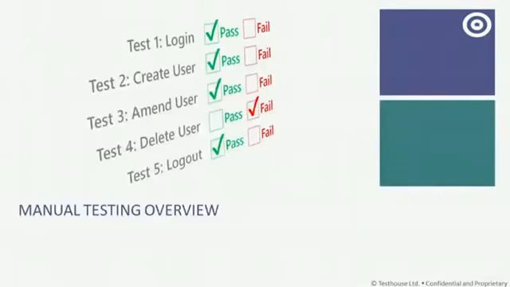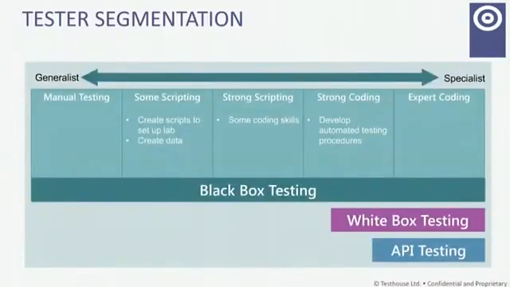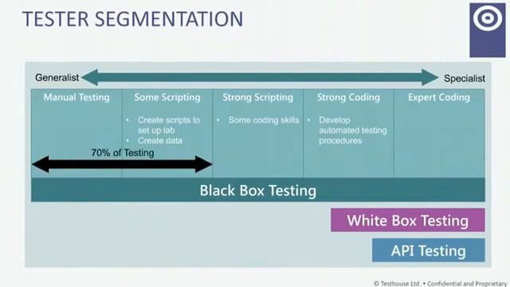So quickly on to manual testing. Manual testing traditionally has been quite largely black box testing, which covers the whole of the life cycle. 70% of testing is actually on the manual side, which doesn't require much in the way of scripting or technical skills.